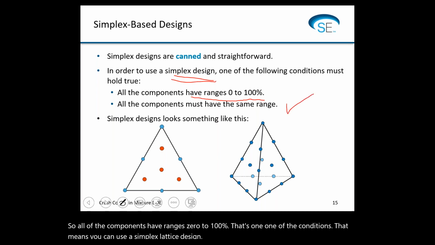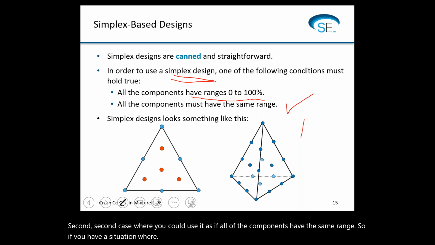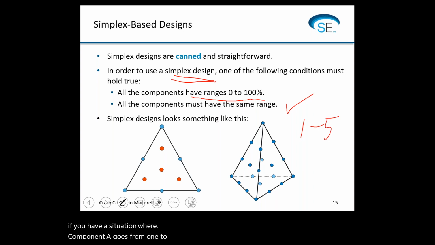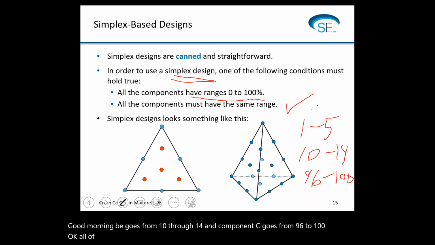Second case where you could use it is if all of the components have the same range. So if you have a situation where component A goes from 1 to 5, component B goes from 10 through 14, and component C goes from 96 to 100. Okay, all of these have a range of 4.